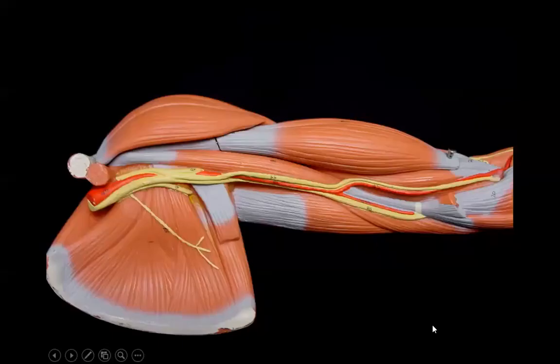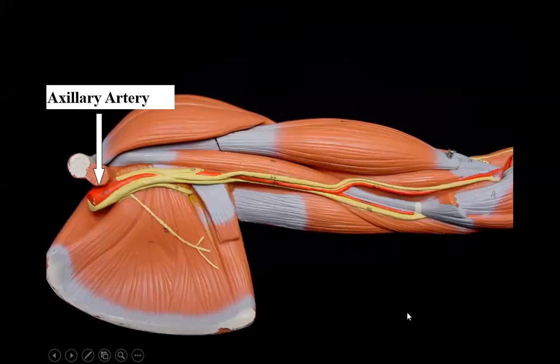So, okay, now let's take a look at the vessels in the arm. The axillary artery in the armpit.